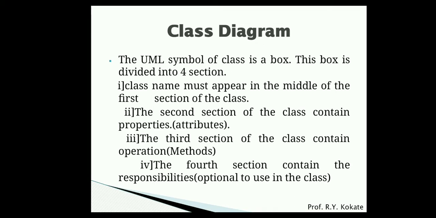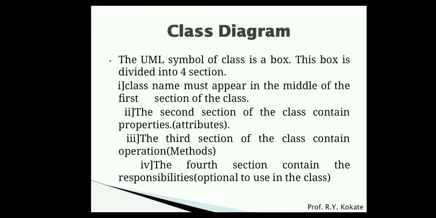UML symbol of class diagram is a box. First we will draw the box. This box is divided into four sections. First section contains the name of the class in the middle of the first section. Second section contains the number of attributes with their visibility type.